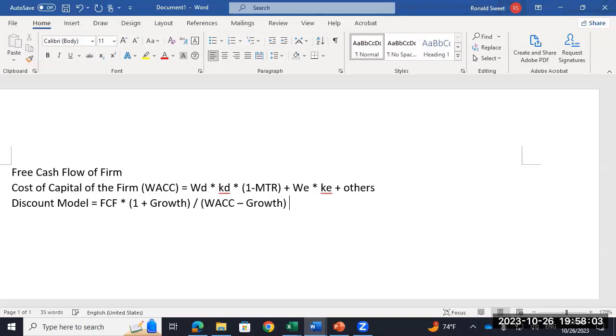You remember that? That's the value of what? Of the firm, value of the firm. And so then the value of the stock is going to equal value of the firm minus debt.